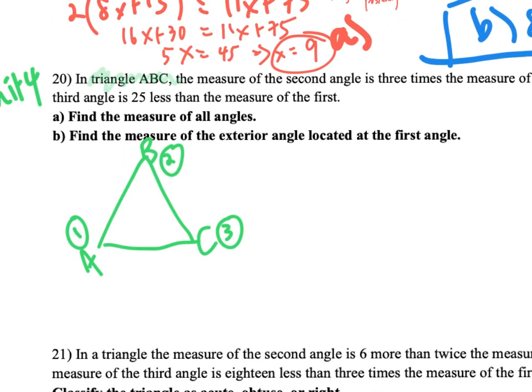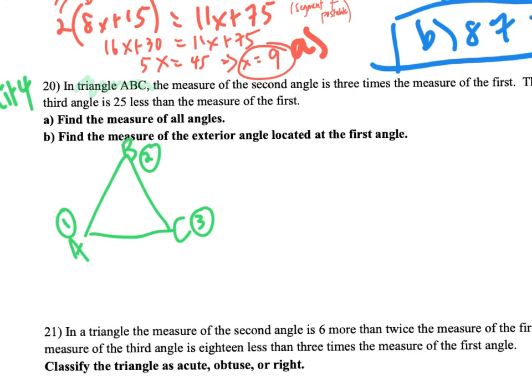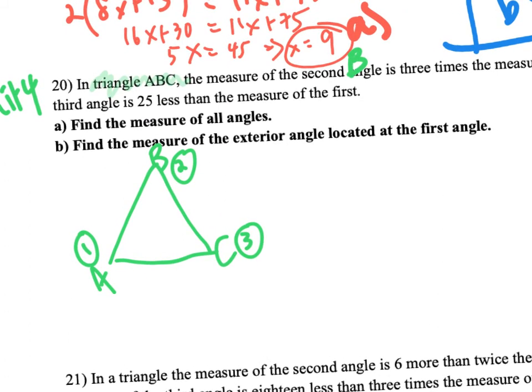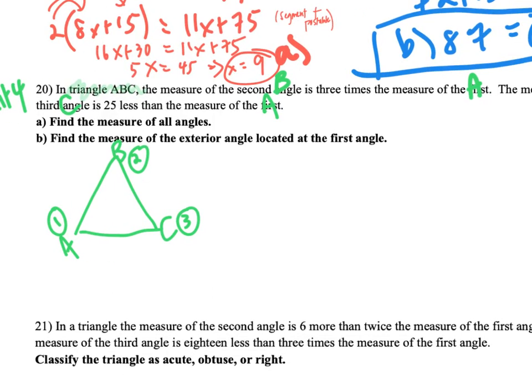So it's saying that the measure of the second angle, so this is talking about angle B, is 3 times the measure of the first angle. So this is talking about measure A. And the third angle, C, is 25 less than the measure of the first angle, A. Why don't I try writing some expressions for this information?